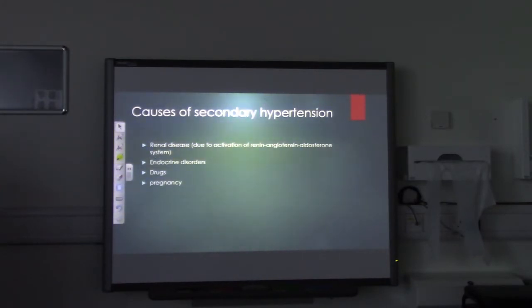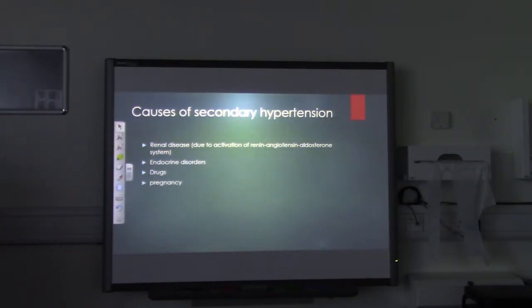We talked a little about causes of secondary hypertension. Renal disease, due to activation of the renin-angiotensin-aldosterone system, and the endocrine system, Cushing's syndrome and hyperthyroidism, will result in increases in blood pressure. Drugs such as alcohol, MDMA or ecstasy, and cocaine will all have effects on blood pressure, as do some antidepressants and the oral contraceptive pill.